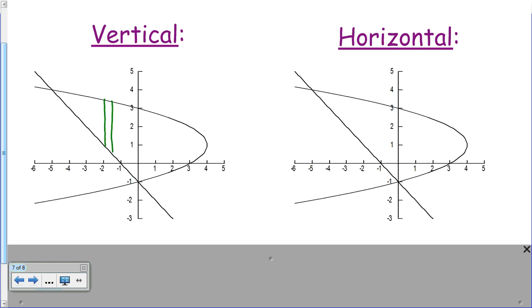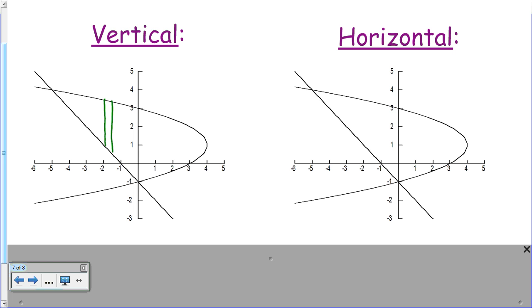And we have one strip there where I start at the curve on the top of that strip, and then I have the line there at the bottom of that strip. And so that one strip there, we could say represents many of the strips in this region.